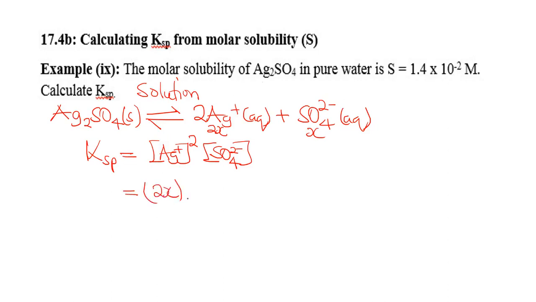So if we substitute those x's here, we are going to have 2x and then times x. So this is 2x, but it should be squared times x, which makes again 4x cubed.